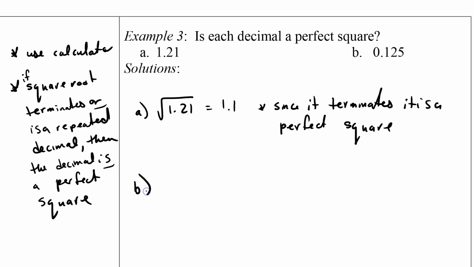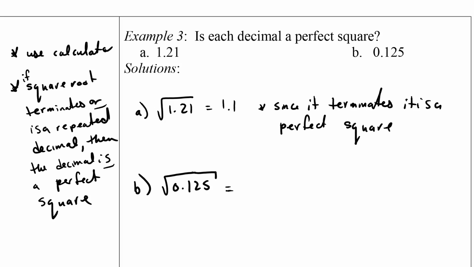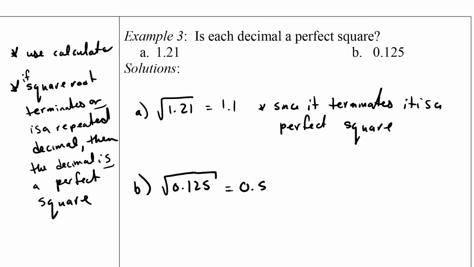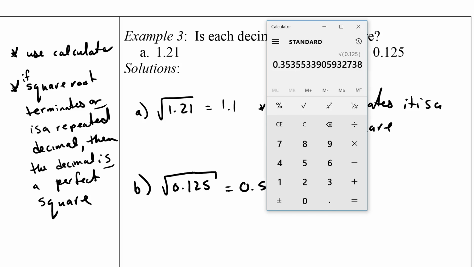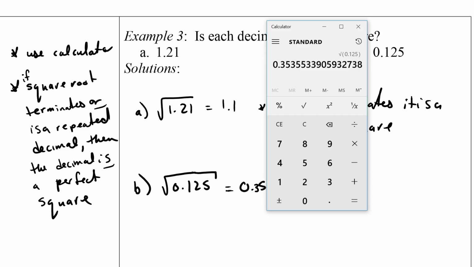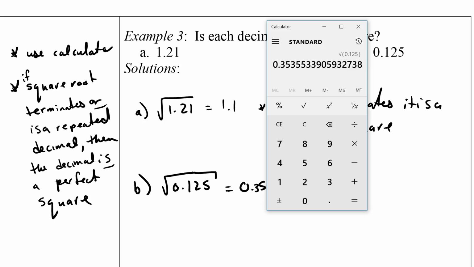What about B? If I take the square root of 0.125, I have 3.53553390593. It was looking promising there, 3, 3, but then it just goes all crazy.